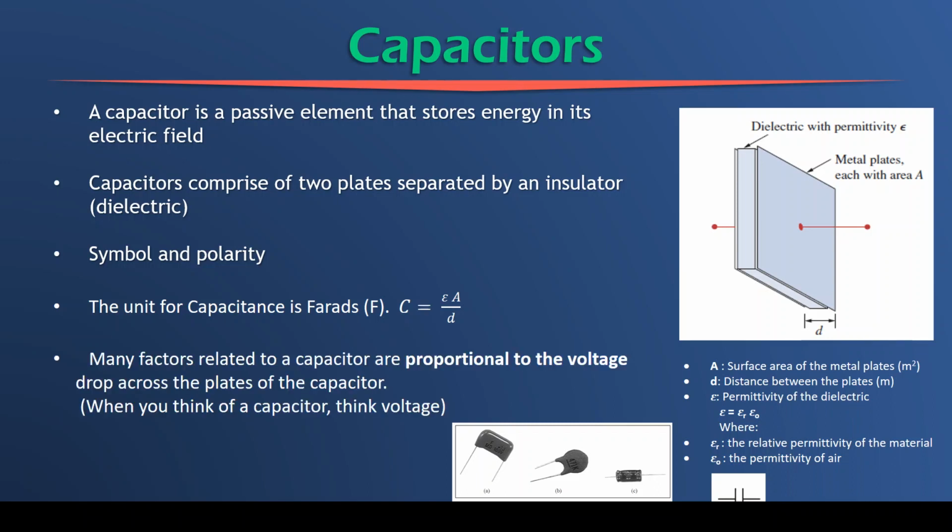There are many factors related to the capacitor that are proportional to the voltage drop across the plates of the capacitor, which we'll see in the equations that we will be deriving. It's important to remember the following. When you think of a capacitor, think voltage.